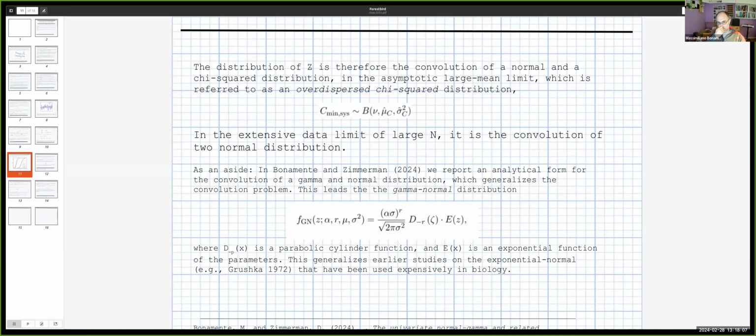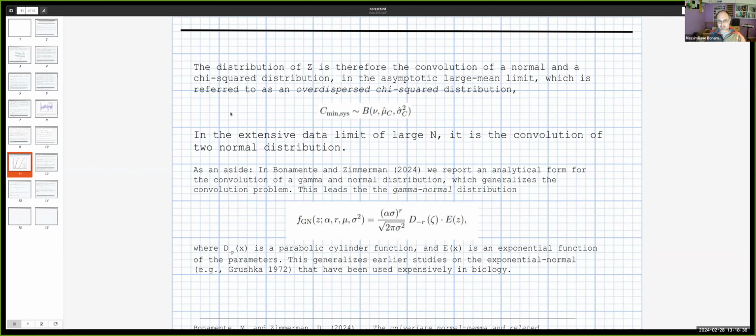But I also spent a little bit of time carrying out the actual convolution of a normal and not just a chi-square, but even more generally a gamma distribution, and it turns out that there is an analytic expression for the convolution of a normal and a gamma distribution, which I hadn't found in the literature.